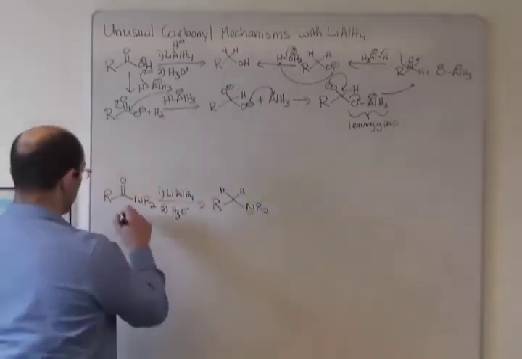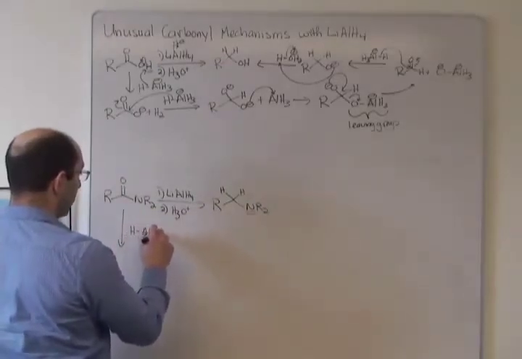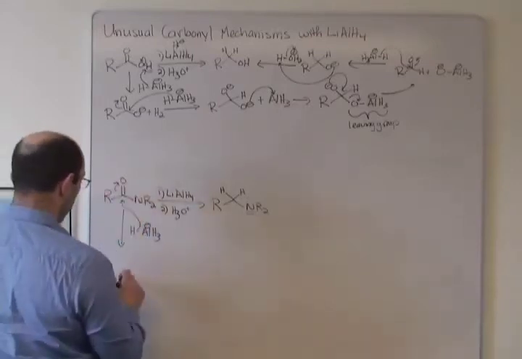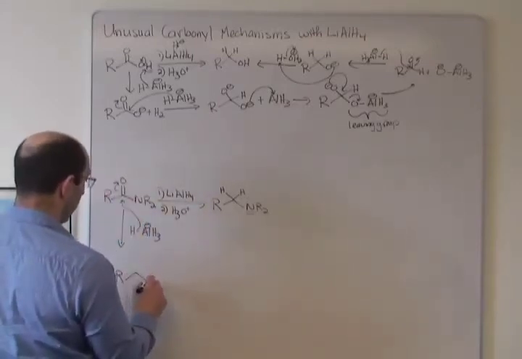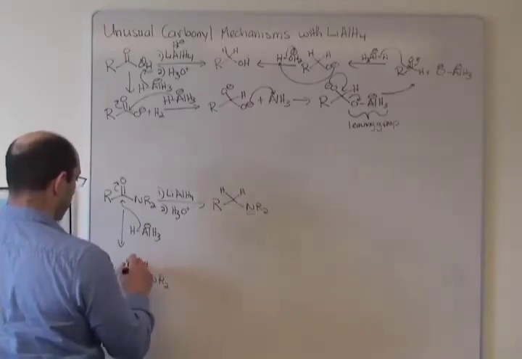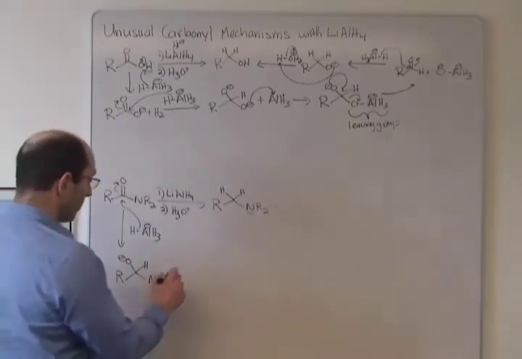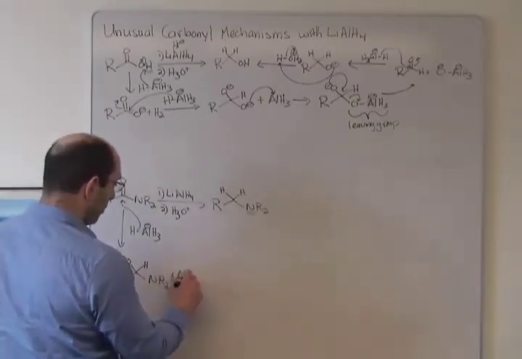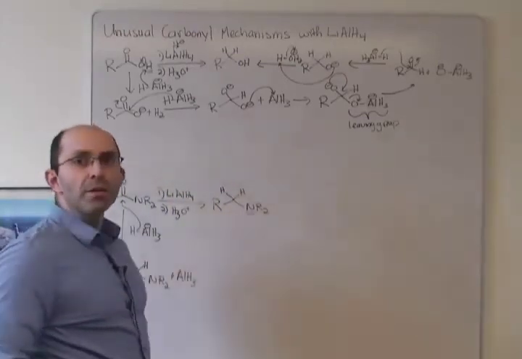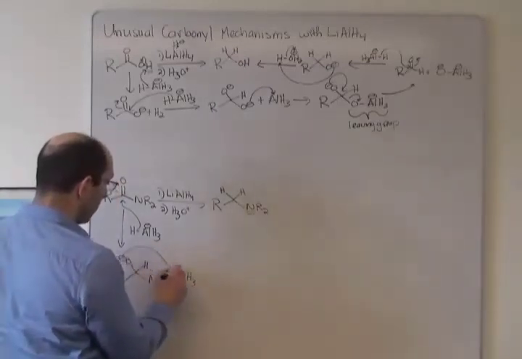Right? So lithium aluminum hydride will add a hydride to the amide. Right, we get to a tetrahedral intermediate. The important thing to recognize is just like we did up there, when you get an O-, that's going to react with AlH3.